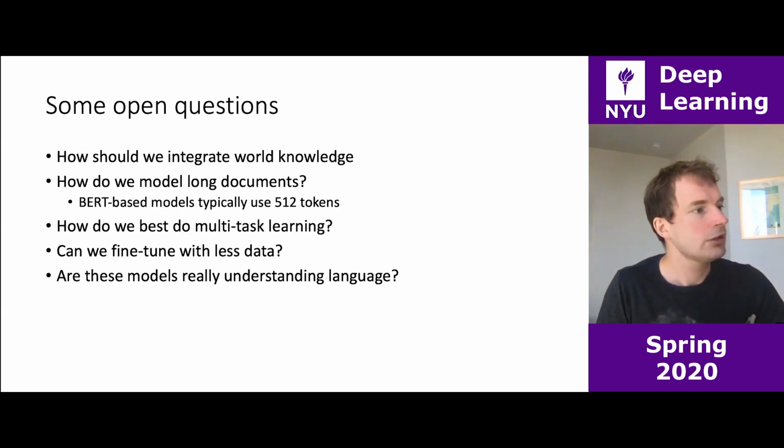One unsatisfying thing is that we have the same model architecture that can solve all kinds of problems, but it tends not to be able to solve all these problems at once, and typically you fine-tune a separate model for each task. It would be great if we had one model that solves everything.